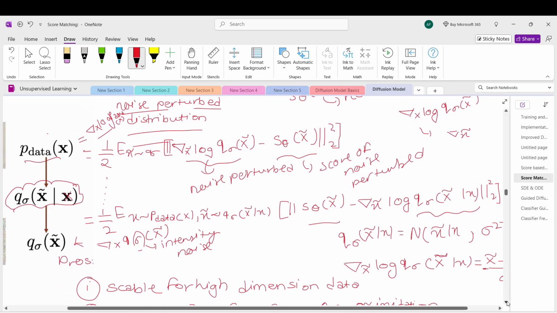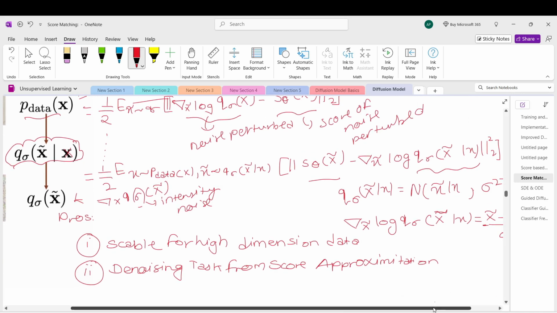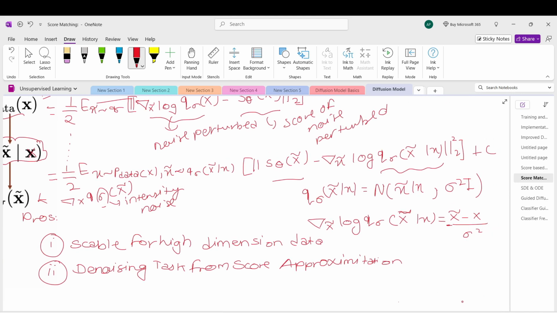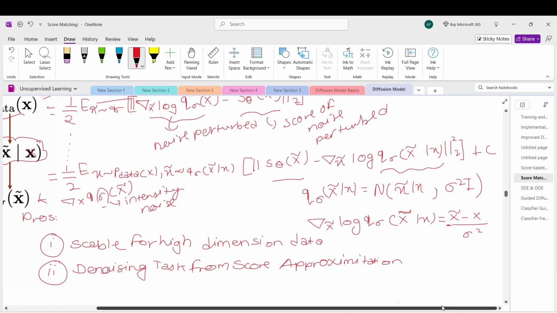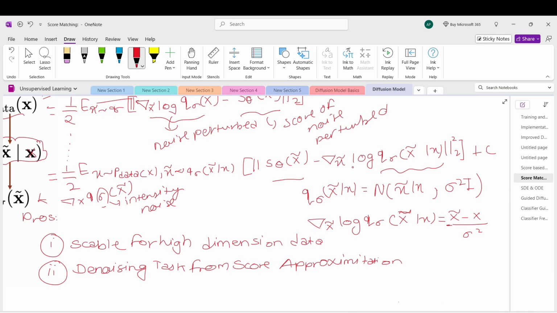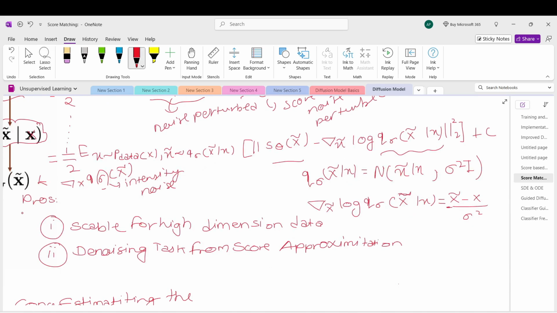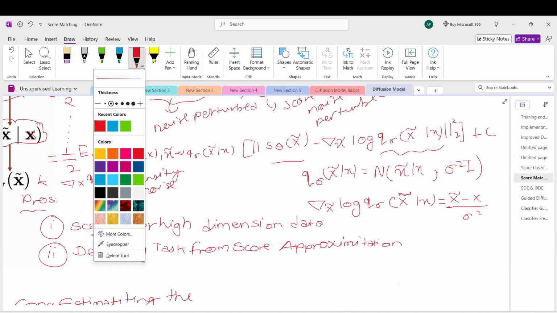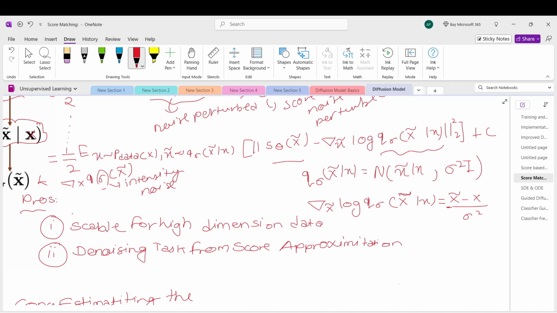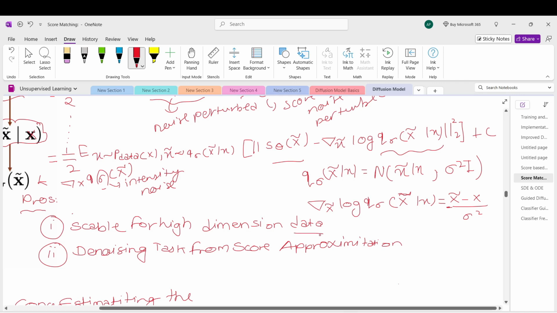Now if you look at the benefit of applying this denoising score matching, what are the pros of this? It is scalable in high dimensions, so it does not depend on the dimensionality.